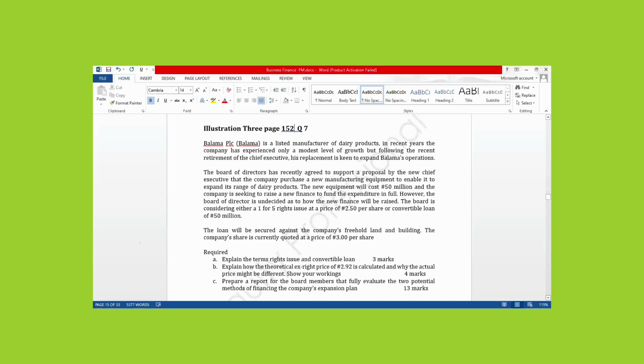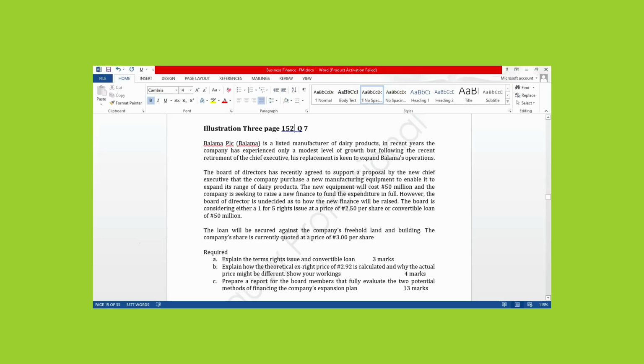So please, in your exam, you must choose your words wisely. For rights issue, a rights issue is issuing new shares to existing shareholders, usually at a reduced price, so as to generate additional funds from the existing owners.